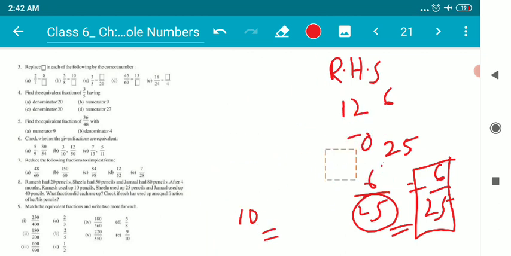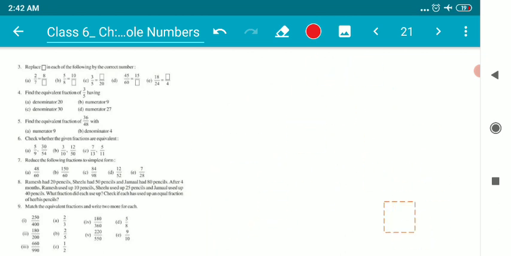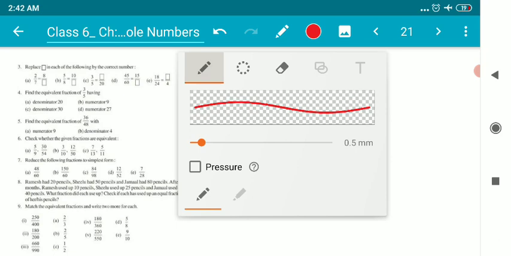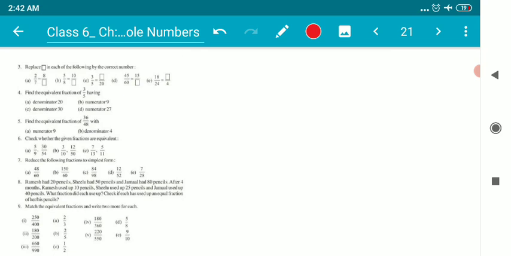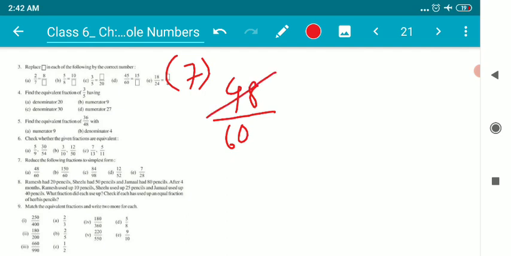So children, this question number 6 is pretty similar to the previous questions we have done in the live classes. Question number 7. Reduce the following fractions to the simplest form. Children, again the same easy things are given to solve. 48 by 60 can be reduced with simpler numbers, with 2, then 6.